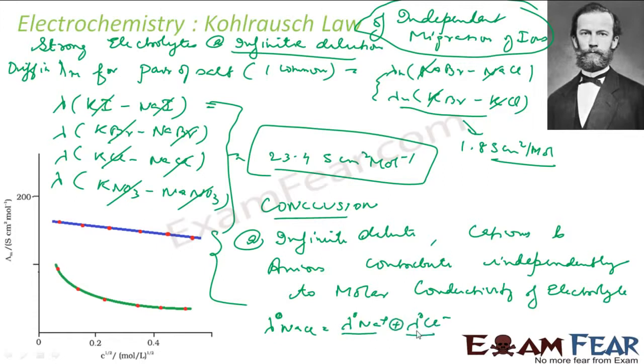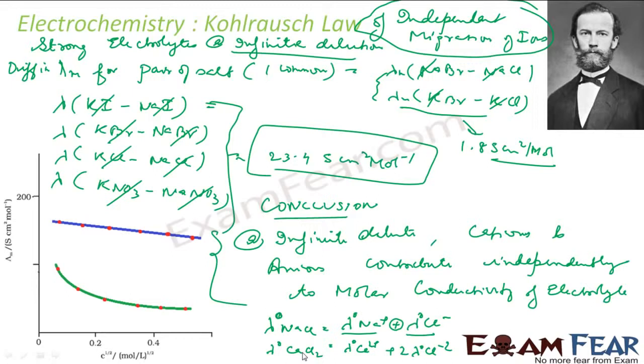Just add these two, you get the value. Correct? But for example, you have CaCl2. So in that case, you get 2 chloride ions, so it will be Ca2 plus 2 into the limiting molar conductivity of chlorine, because you get 2 chloride ions and 1 calcium ion when CaCl2 dissociates.